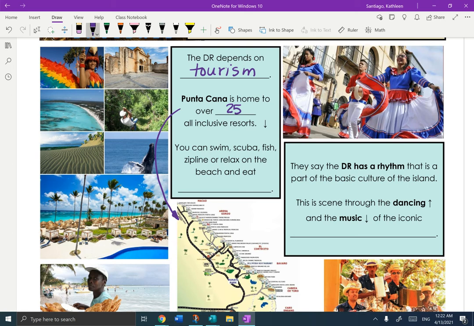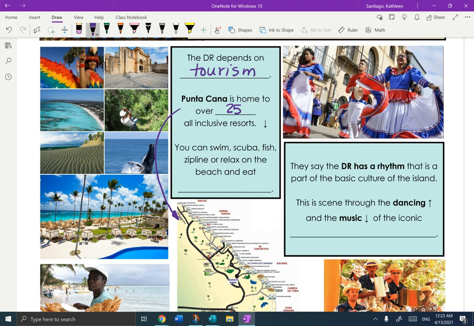So all-inclusive, if you haven't been there or done that type of a vacation, means that you don't even have to leave the resort. They have entertainment, food, drink, pools, and you pay one price and everything is included.